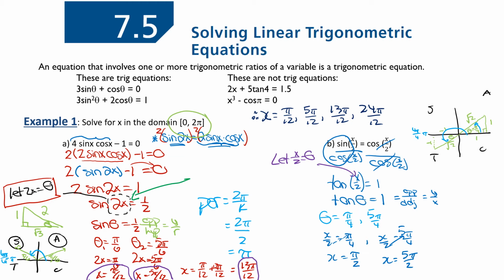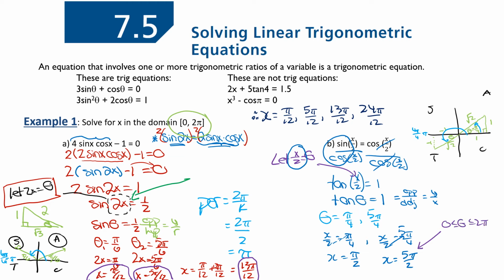So take a look at our domain. In the original question, the domain is 0 to 2 pi. Let's do a reminder of our original x over 2 right here. That's actually a horizontal stretch, not a compression. So we've taken the tan function and stretched it. This answer has been stretched outside of our domain. 5 pi over 2, our domain is from 0 to 2 pi.